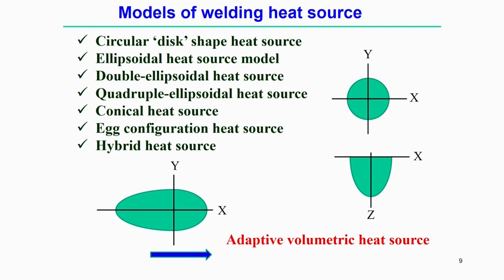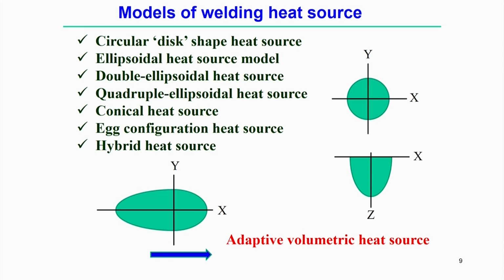In case of linear welding, we normally use the double ellipsoidal heat source model. Of course, we can use the volumetric heat source model, but it is just merging parts of two ellipsoidal heat source models, so it becomes the double ellipsoidal model. Here you can see the third figure.